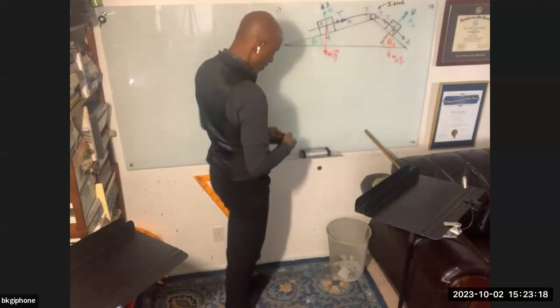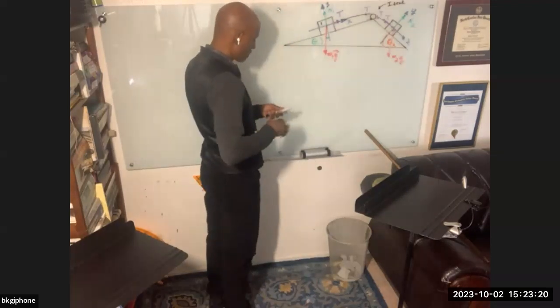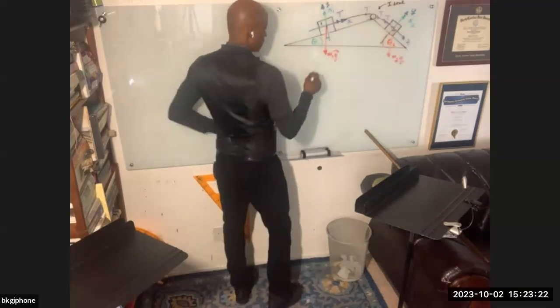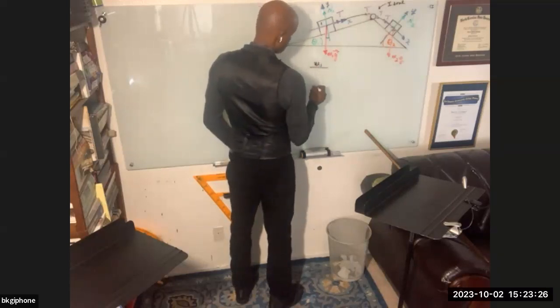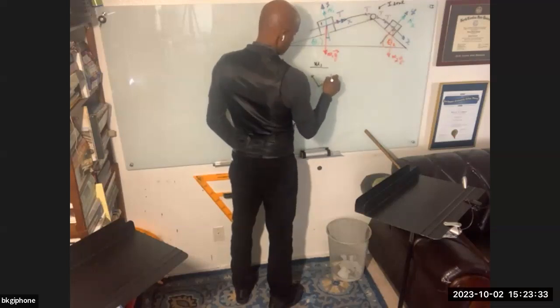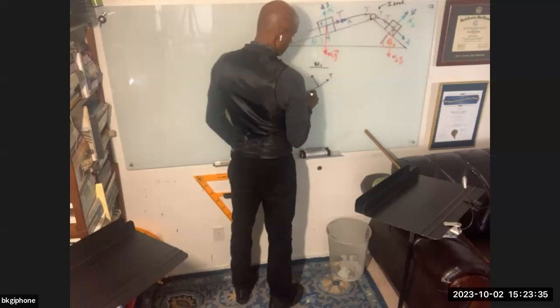So I'm just going to jump down to the free body diagrams for M1. That's going to give me normal force here, tension there, mg.